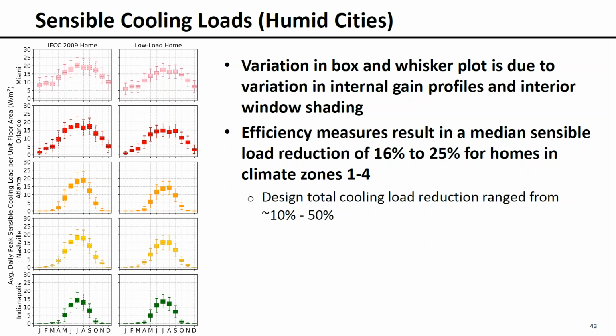The reason it's quite a bit lower than what you might expect is because of the monthly average. This is not a design load. What you can conclude from this plot is that the sensible load was reduced about 16 to 25% by the efficiency measures used to go from the IECC home to the low load home.